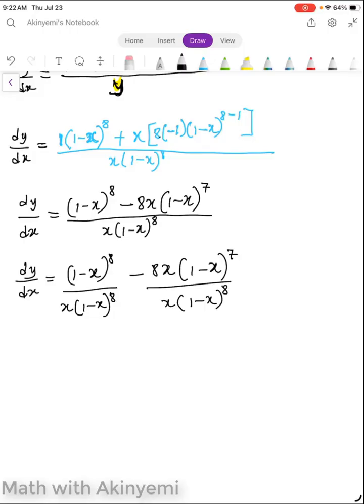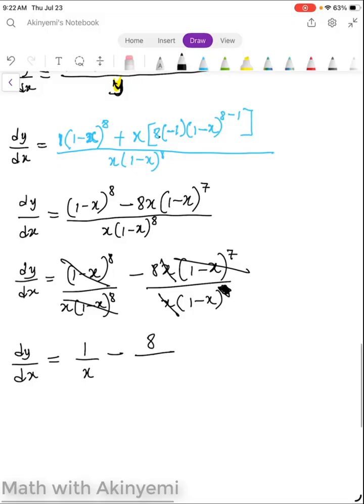As we can see, we cancel this, this, this, to be raised to power 1, 7 indices, guys. So we have dy over dx equals 1 over x minus 8 all over 1 minus x.